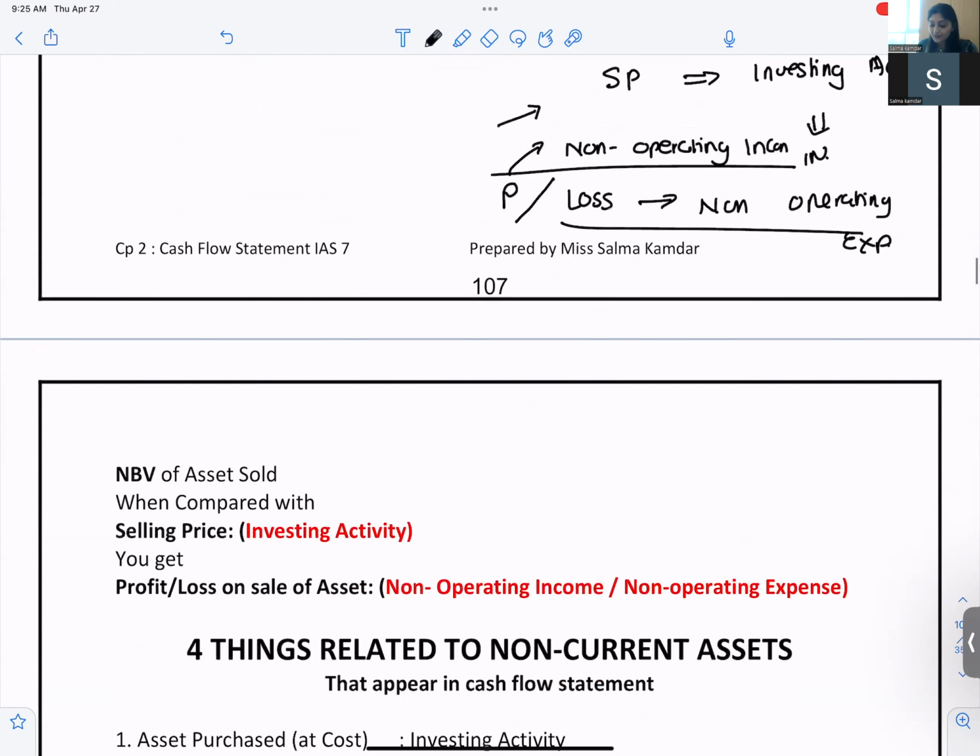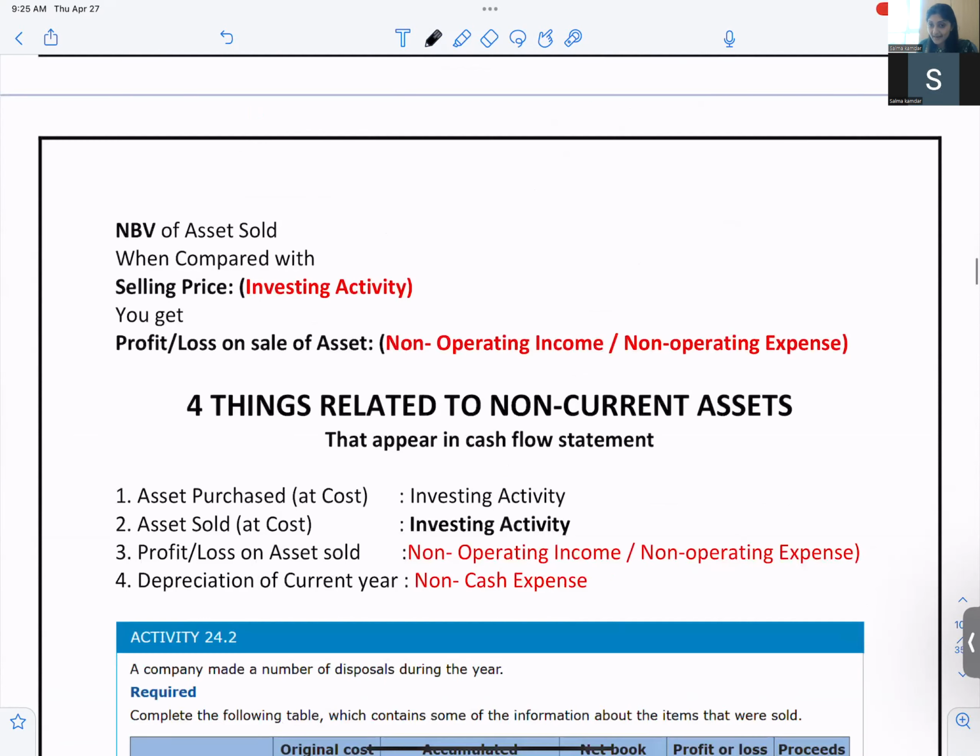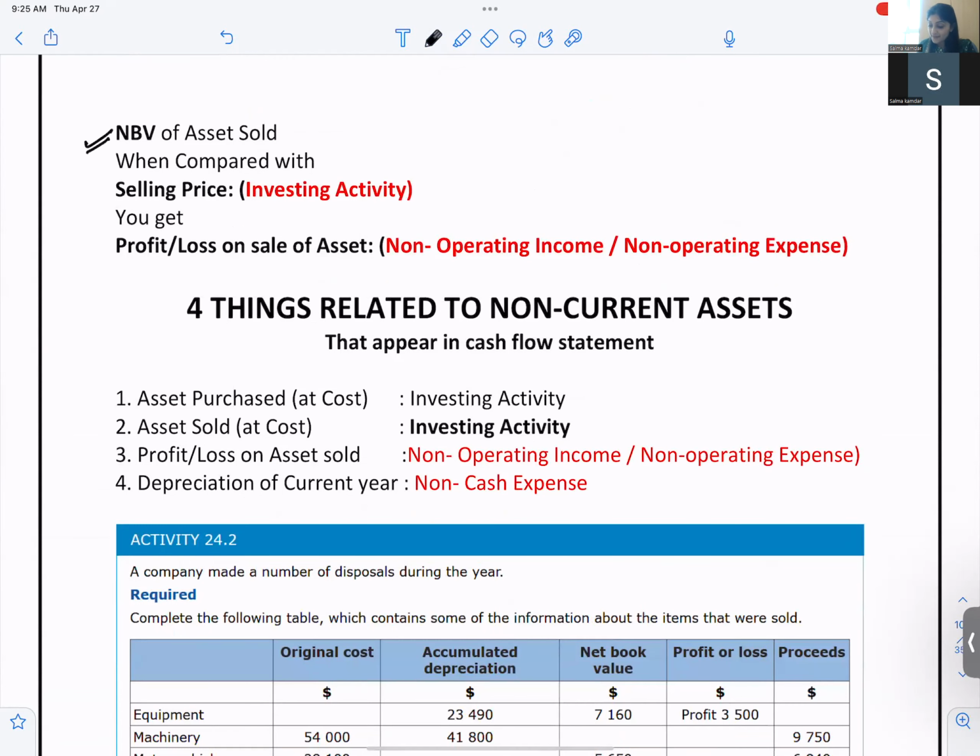So net book value of your asset is compared with the selling price. Please remember, selling price of the asset is investing activity. You will get profit or loss on sale of asset. Profit on sale of asset is non-operating income. Loss on sale of asset is non-operating expense. This is added and this is subtracted.